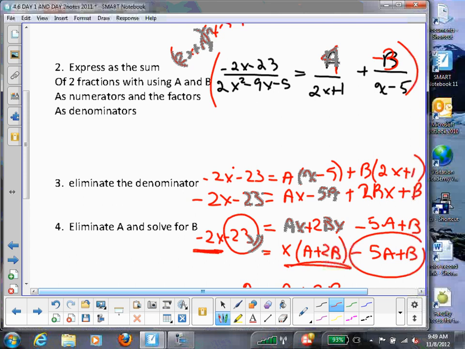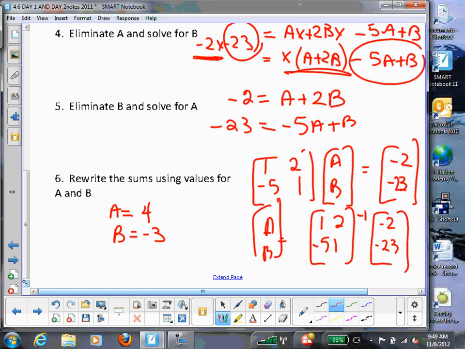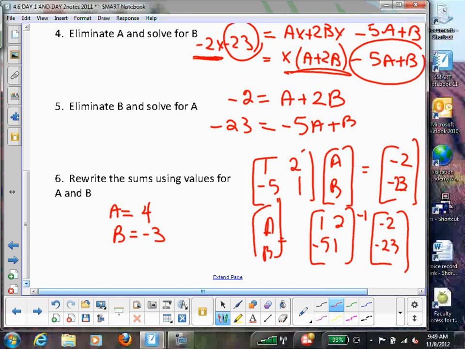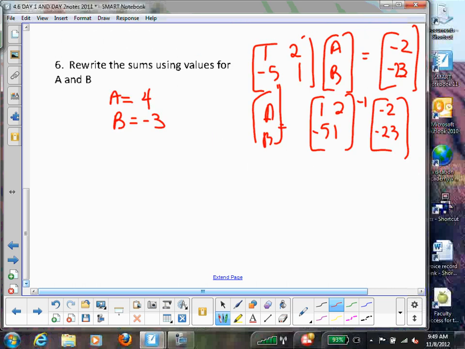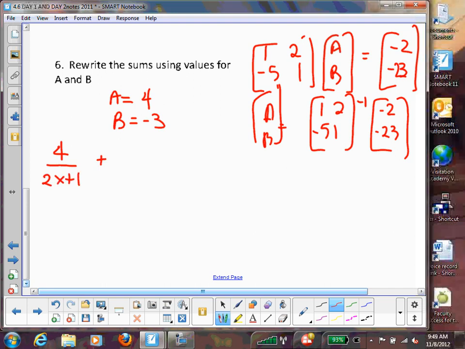All right, here we go. We're going to do another one of these, okay? So you're going to need to tell me that it's 4 over, what did I say? Plus negative 3 over. Because I don't know where your A is.